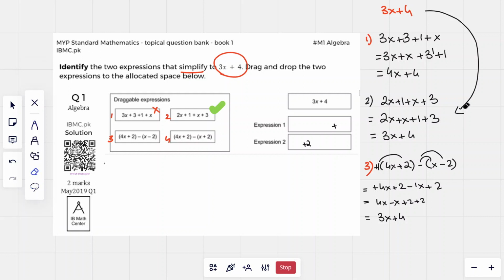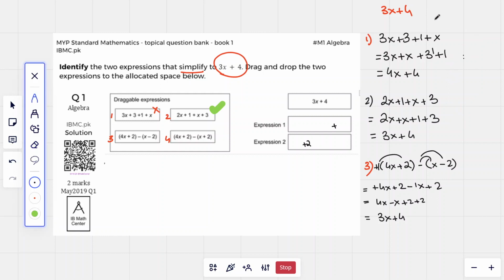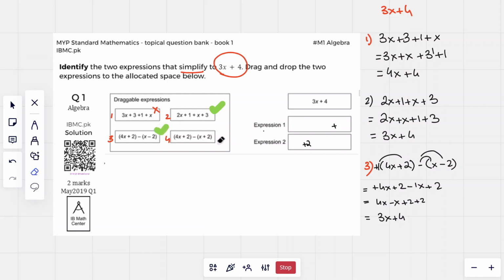So this is also equal to 3x plus 4. Hence, this is the right answer. Okay, so we've now gotten the two answers we were looking for. We can stop the question here because the fourth one is going to be wrong. But just for the sake of learning and showing that it is wrong, let's do it.